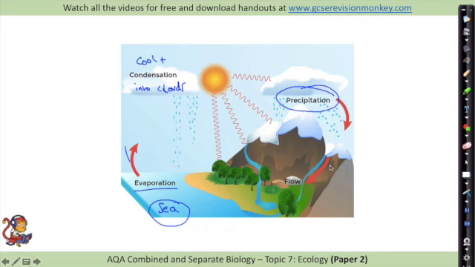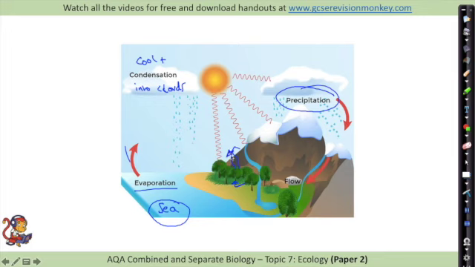At this point it might flow, for example, into rivers, straight back into the sea, or it might get taken up by plants, and when plants take up water, that water can then be evaporated from their leaves.